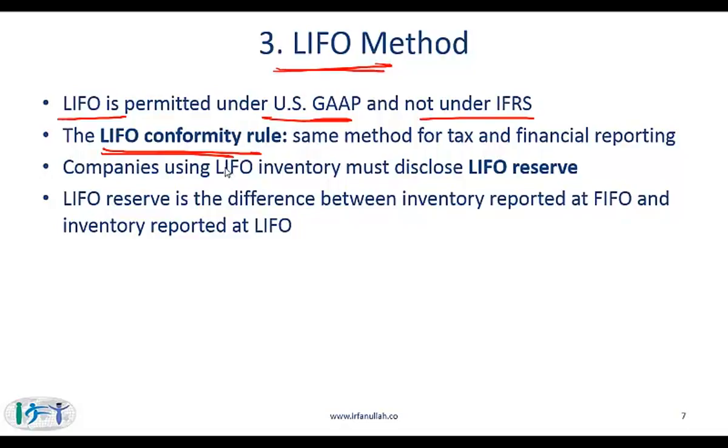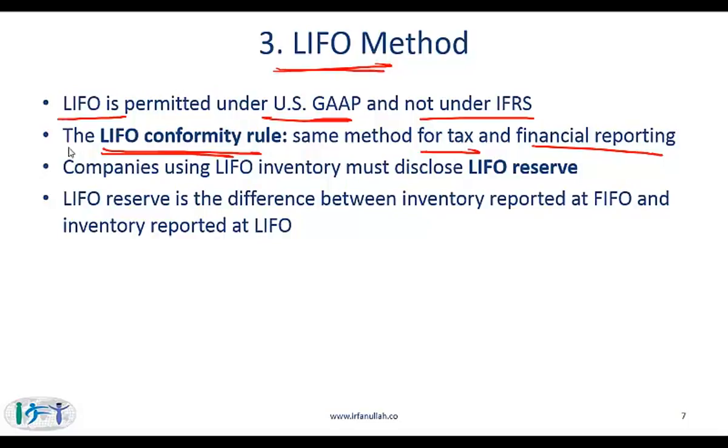This rule says that the same method must be used for tax reporting and financial reporting. In other words, if you are using LIFO for your financial reporting, then that same method is used for tax reporting. This is different from depreciation. With depreciation, you are allowed to use the straight line method or whatever method is appropriate for financial reporting, and a different method for tax reporting.